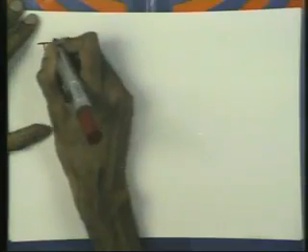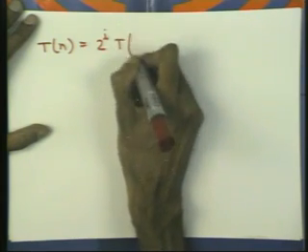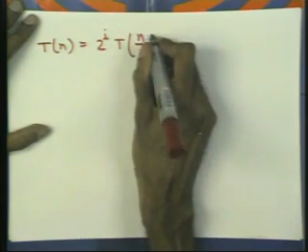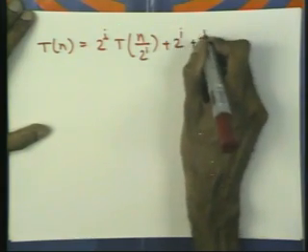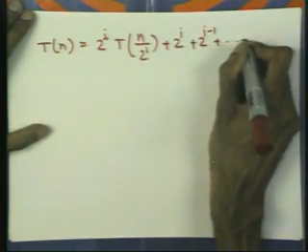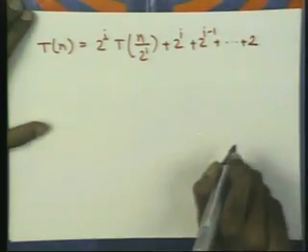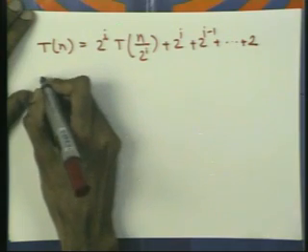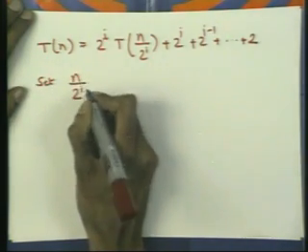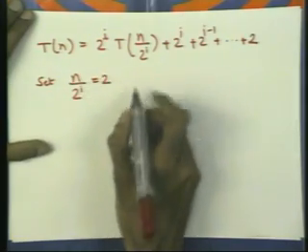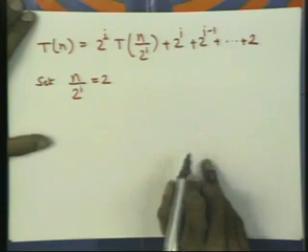The pattern is this. T(n) is 2 to the i times T(n by 2 to the i), plus 2 to the i, plus 2 to the i minus 1, and so on all the way up to 2. Now we set n by 2 to the i to be 2, because we know that T(2) is 1.